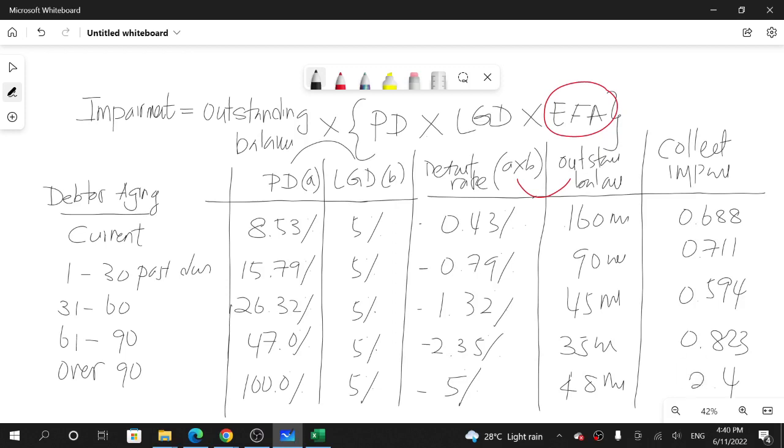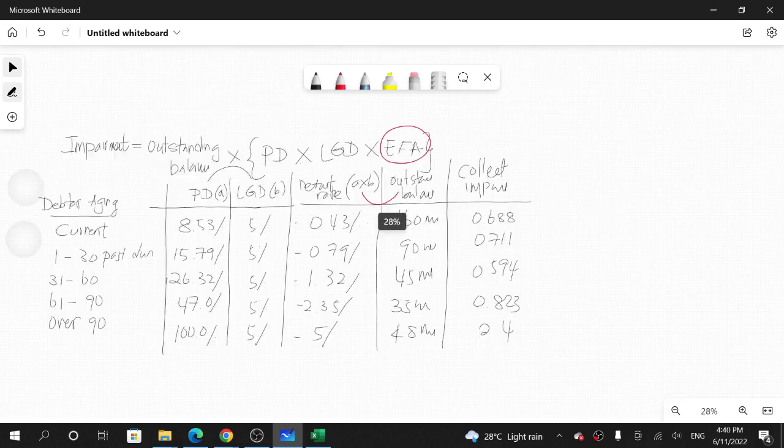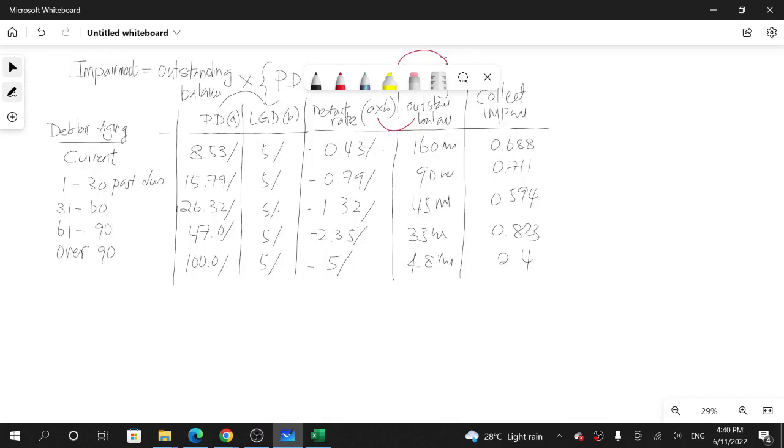Then you want to take the total of these all together. When you take the total of these all together, we call this the collective impairment. That becomes 5.216.